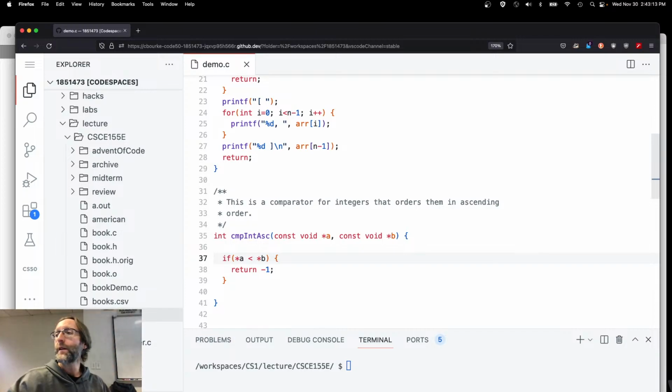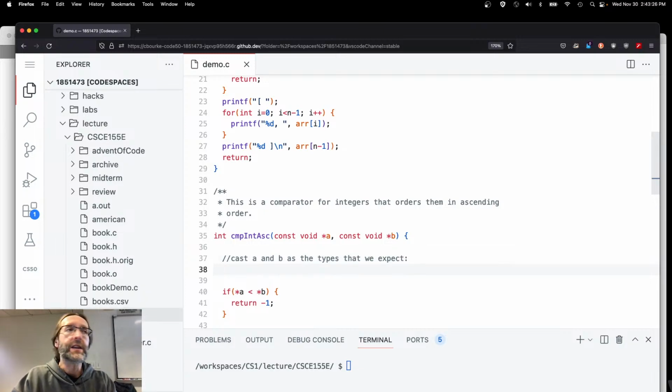It doesn't. So the first thing that I need to do is I need to make these into the types that they are, right? I will cast A and B as the types that we expect. The types that we expect are integers. So const int star x is equal to const int star a.